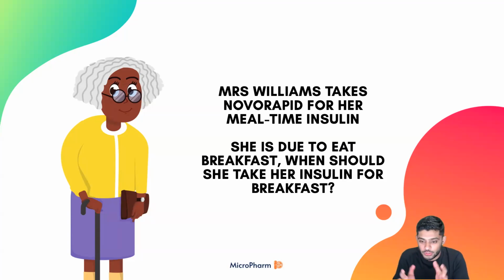Yes. So if you want to categorically simplify short acting insulins, you've got two different types: soluble insulin and then rapid acting insulin. Well, what's the difference between soluble insulin and rapid acting insulin?